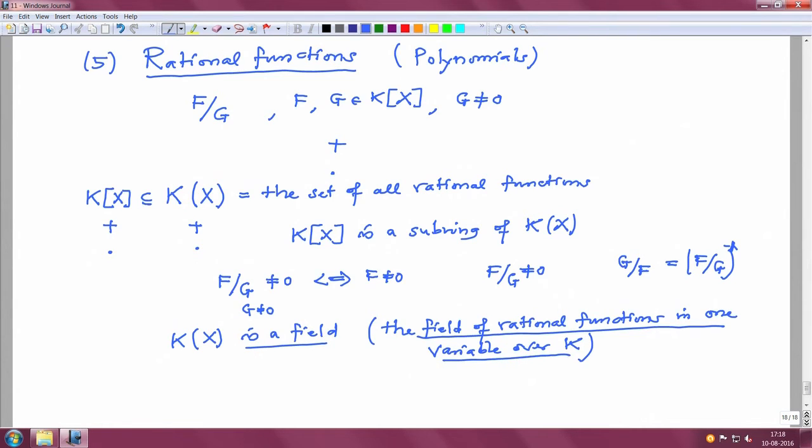So now we have added one more field in our list. How do you construct a bigger field from a given field? Okay.